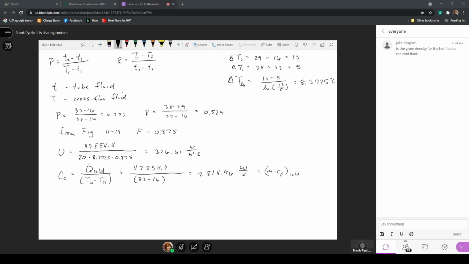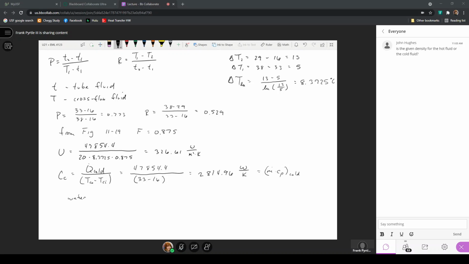Now, because we weren't given any density or volumetric flow rate, all we know is that the product of the mass flow rate and the specific heat is 2,814.96. But we can assess the specific heat of the cold fluid. We know the cold fluid is water, and the average temperature, 33 plus 16 is almost 50, divided by 2, is about 25 degrees.